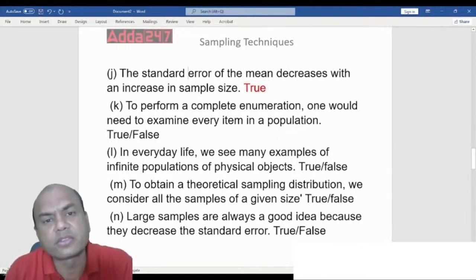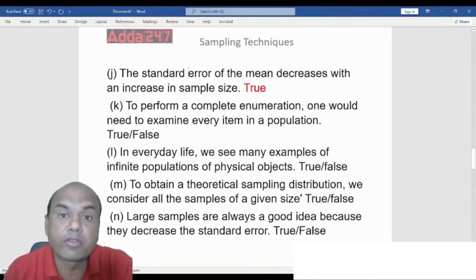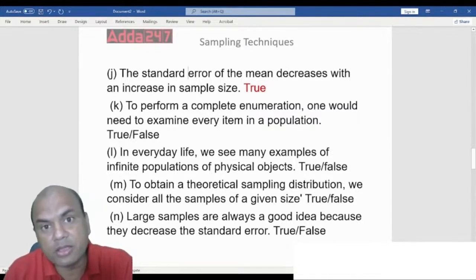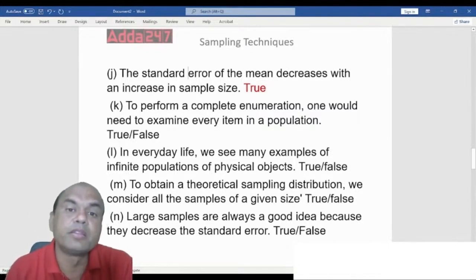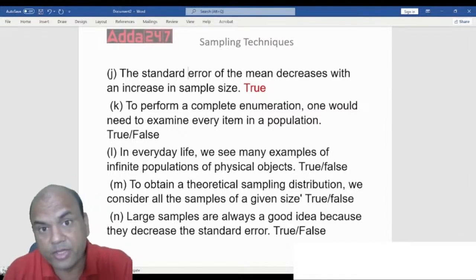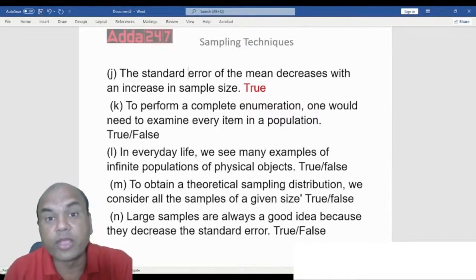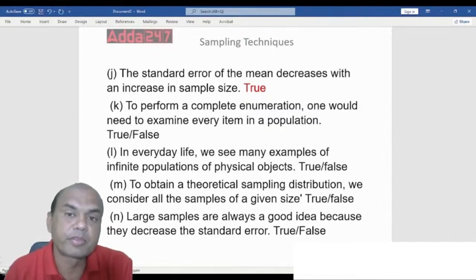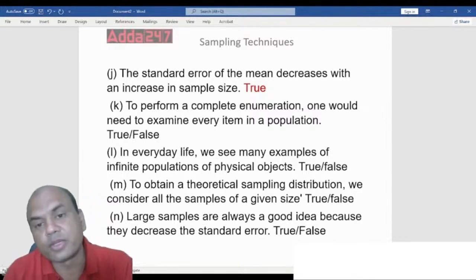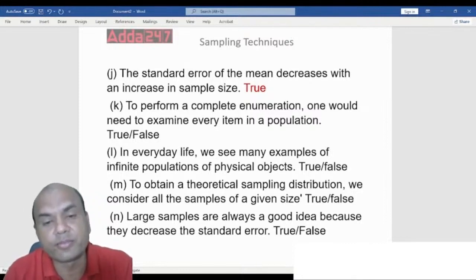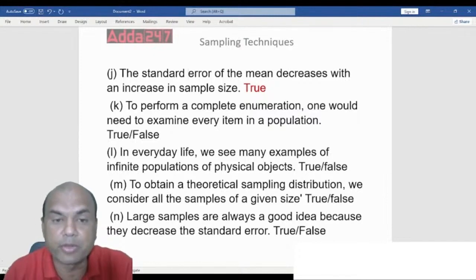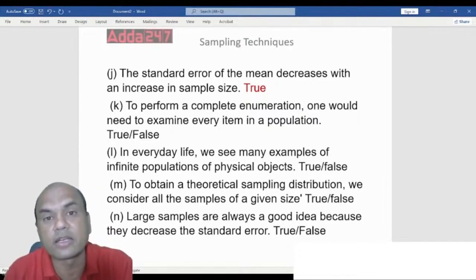Standard error is actually the difference between the population mean and the observed mean. Keep it very simple. We have the formula z equals 1 upon standard error of x bar into (x bar minus mu), right? The difference between x bar and mu is known as standard error.